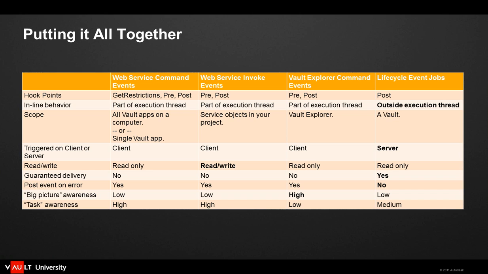You want to make sure that everything that happens in Vault goes to this other system, and it has to be 100%. It's not acceptable to miss something. If I did it with any of the other event types, there's always a possibility that I do my edit, and right before the event fires, right before I get my post event, the power goes out, and I've basically lost that action, right?